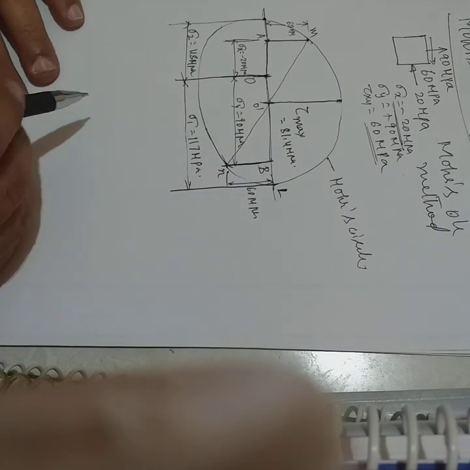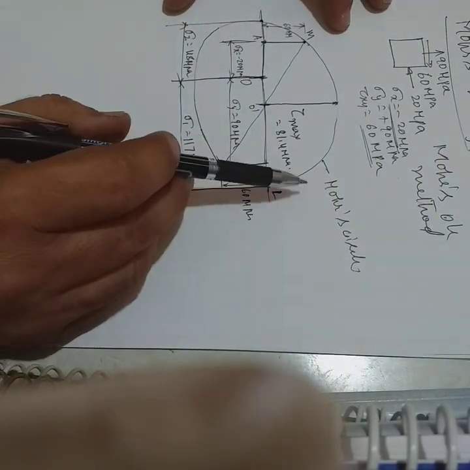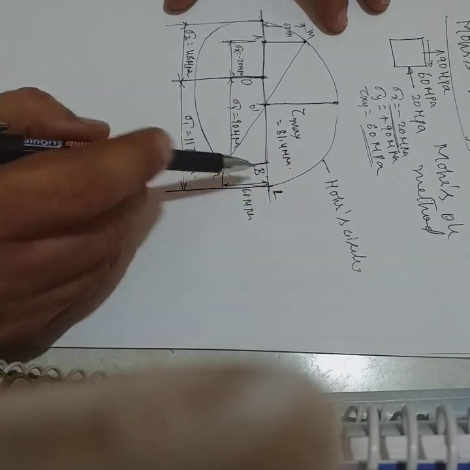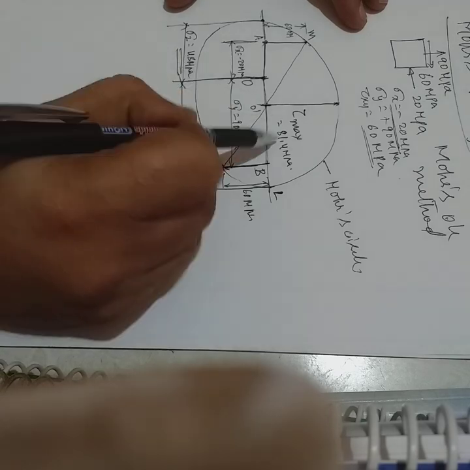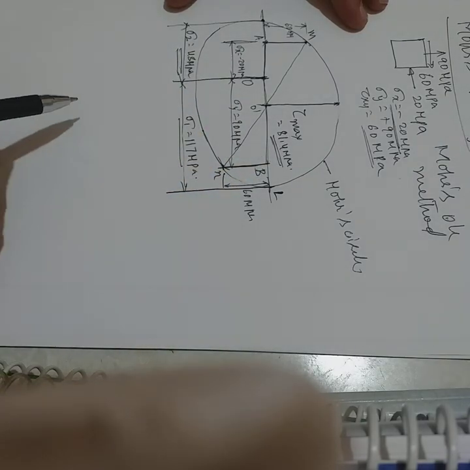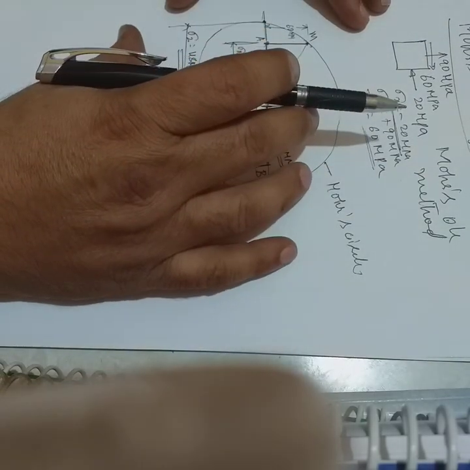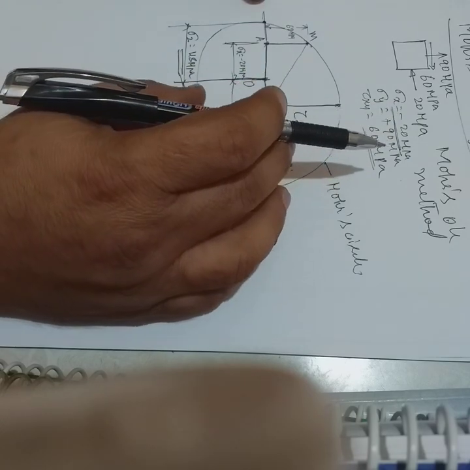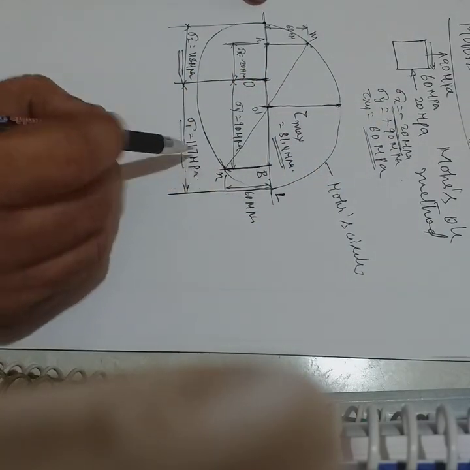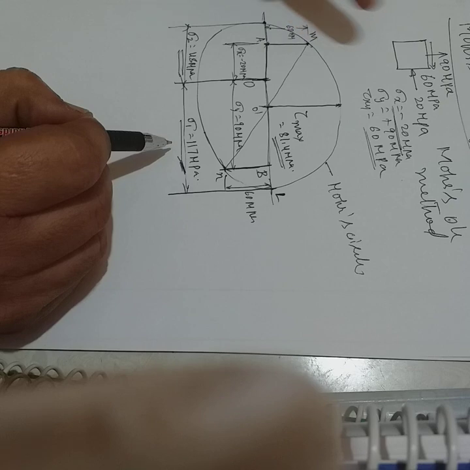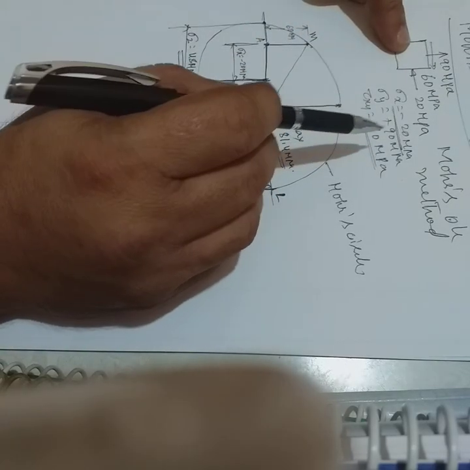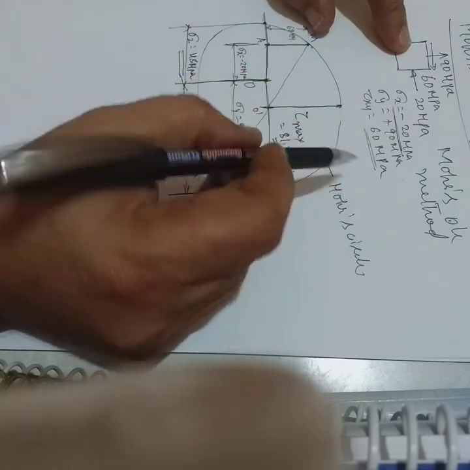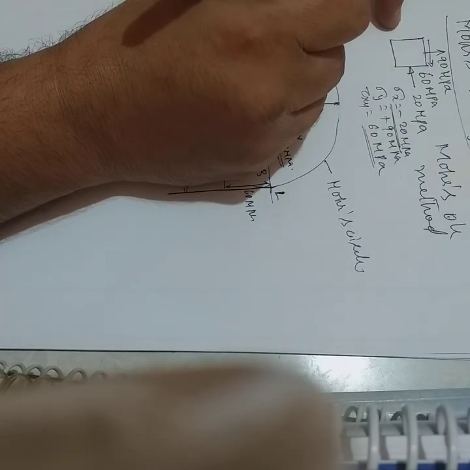Is it okay? So this is how we draw Mohr's circle and find out maximum principal stress, minimum principal stress, and maximum shear stress. So this is about the Mohr's circle method of finding out the principal stresses when a component is subjected to multi-directional loads, which is also called combined loading.